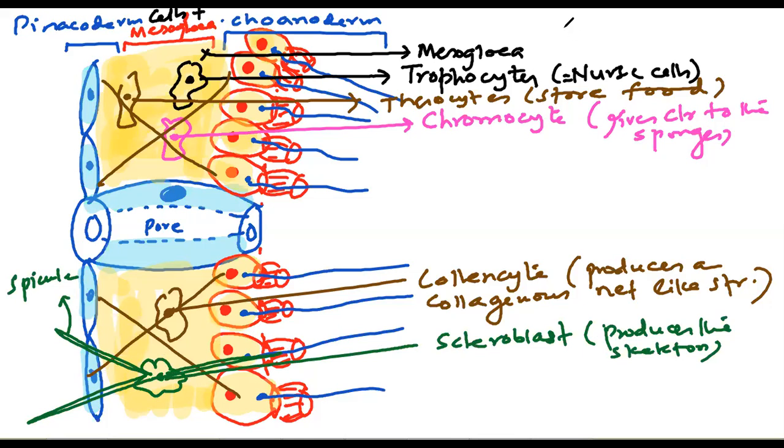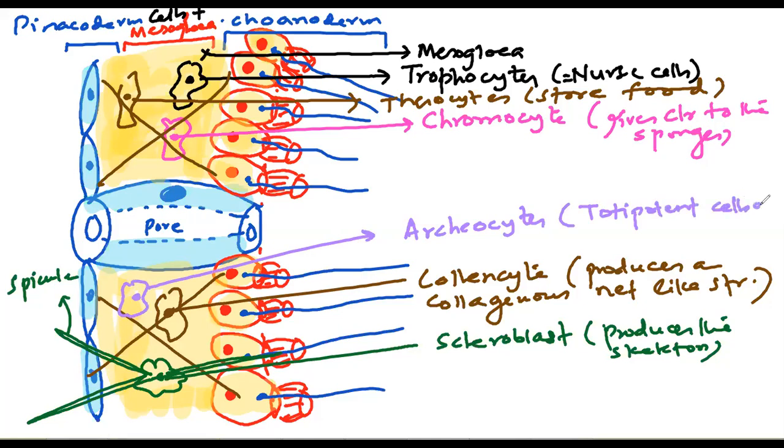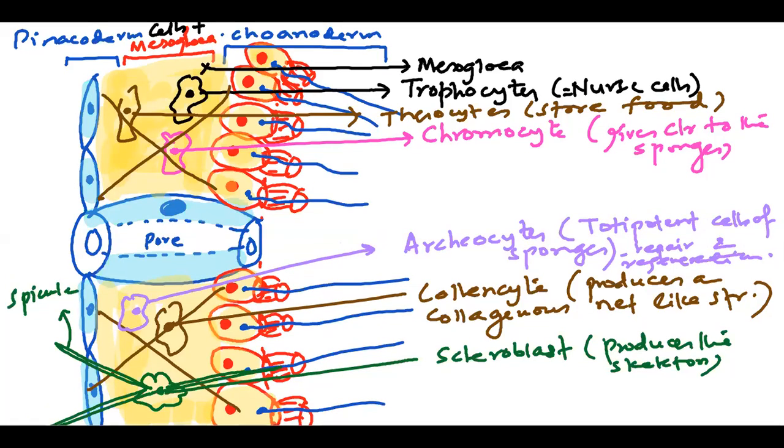Now we will make one more cell. So any number of cells you can draw, the function is different. So this is called archaeocytes. Very important. So they are totipotent cells of sponges. So what they will do? They help in repair and regeneration. Okay. So many types of cells you have seen.